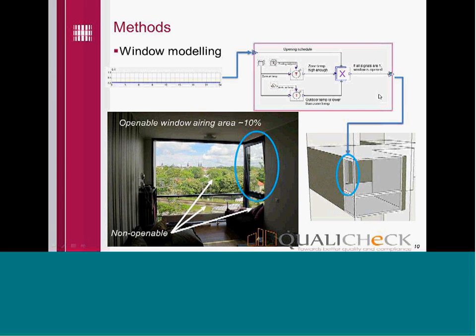And you also need to make some sort of control of the opening of the window, in this case by a small thermostat, which will open the window when it is too hot indoors and the outdoor temperature is still lower, so that there is some ventilative cooling potential, and the windows need to be closed when it gets too cold indoors.